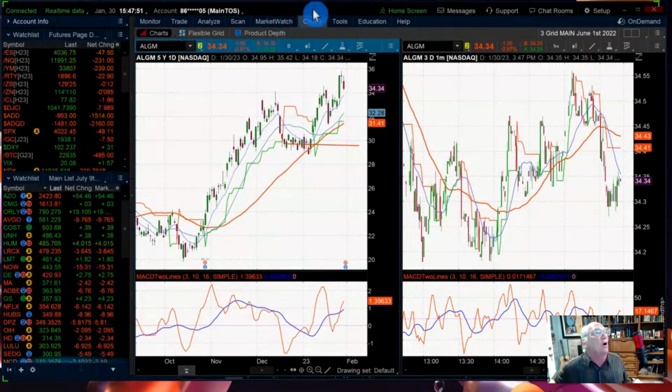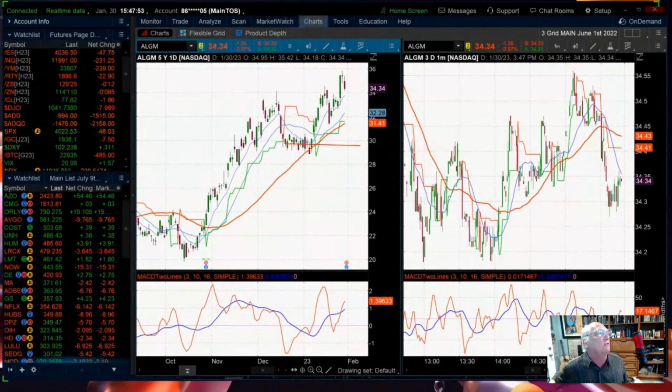The SPX, all the things I have on the downside, all of them, it's paid for the slop we bought of out of the money calls. So just keep that in mind.